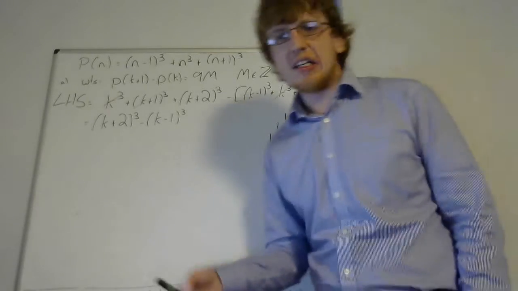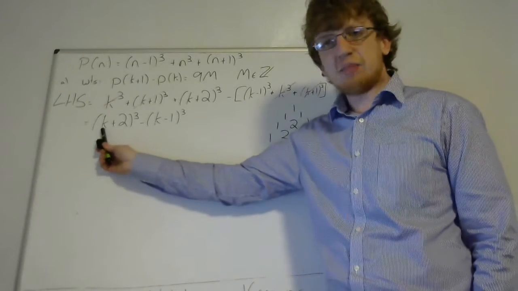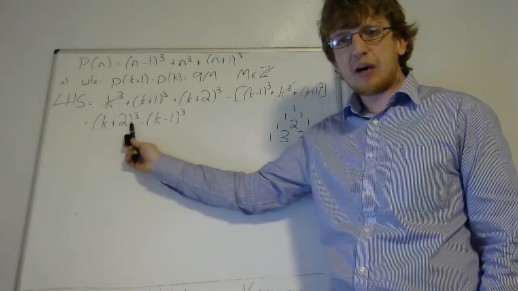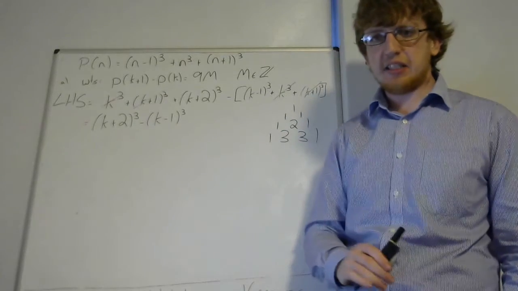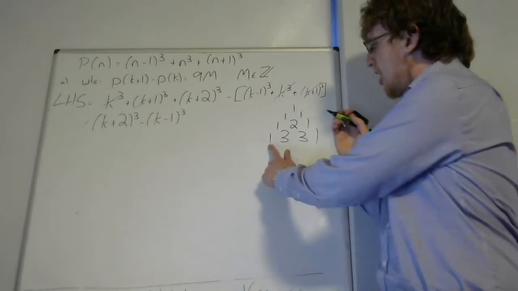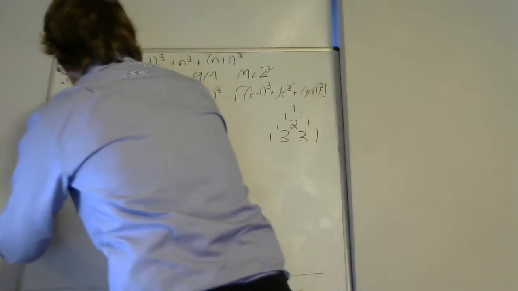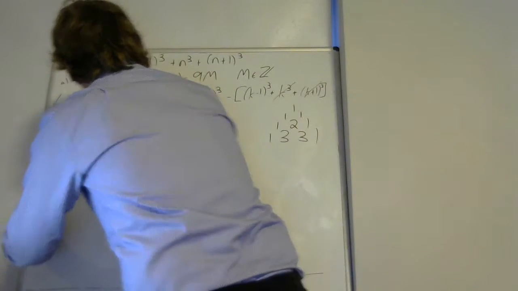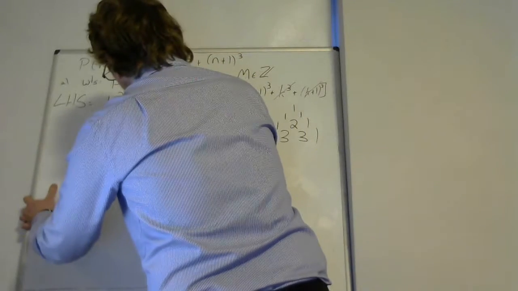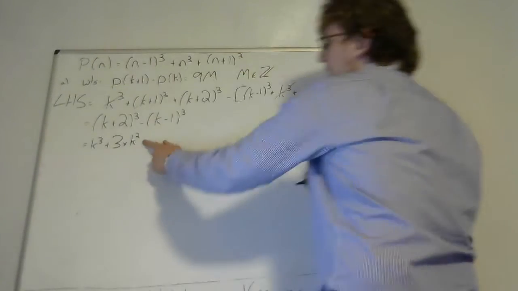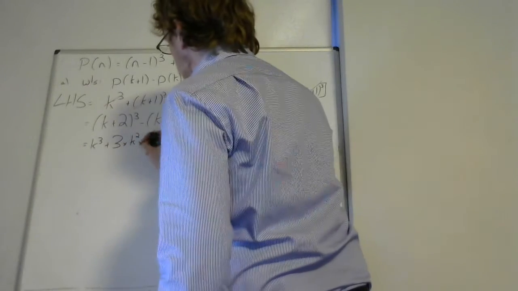And the pattern is you get the highest power of this multiplied by the lowest power of this, and as you decrease this power by 1, you increase this power by 1. So the first term is 1 multiplied by k cubed, and then the next term is 3 multiplied by k to the power of 2, as the power of k comes down by 1, and then 2 to the power of 1.